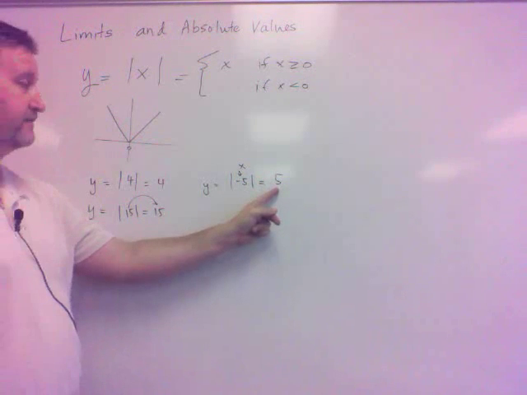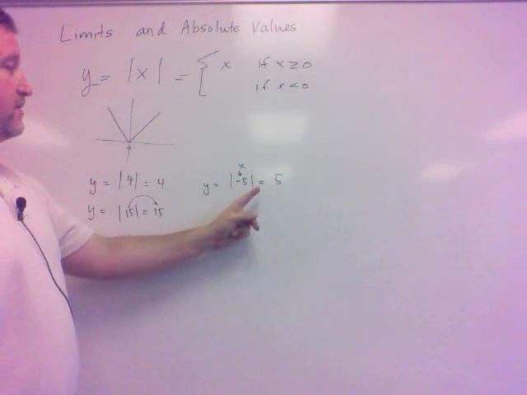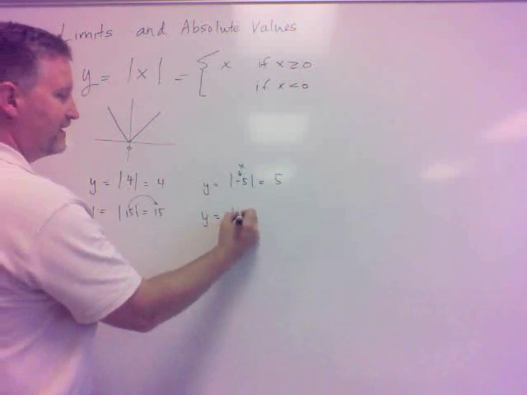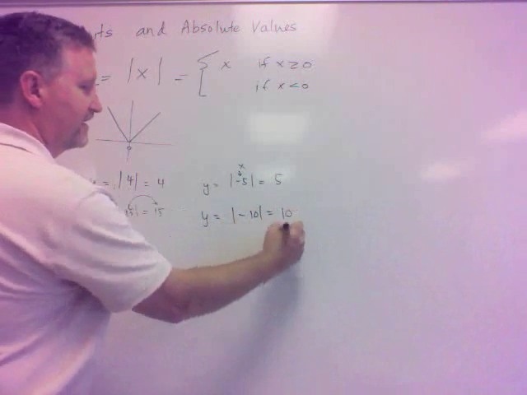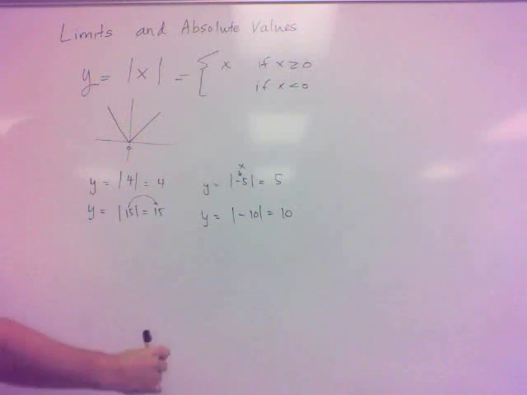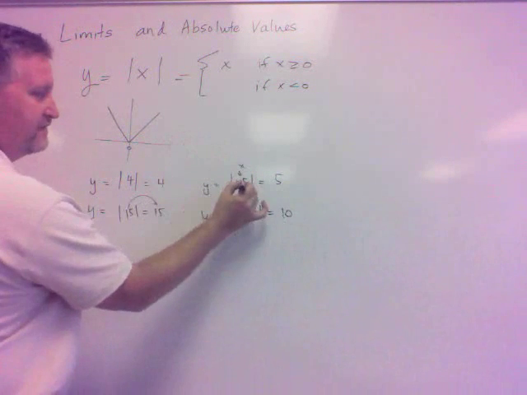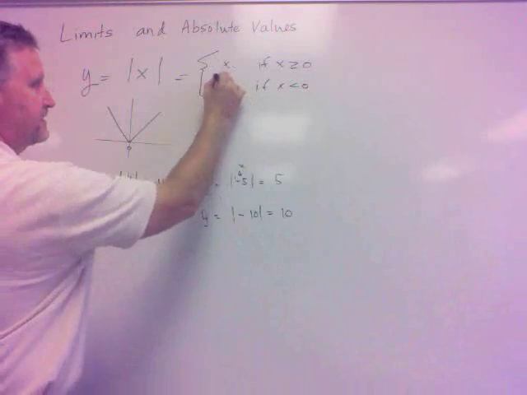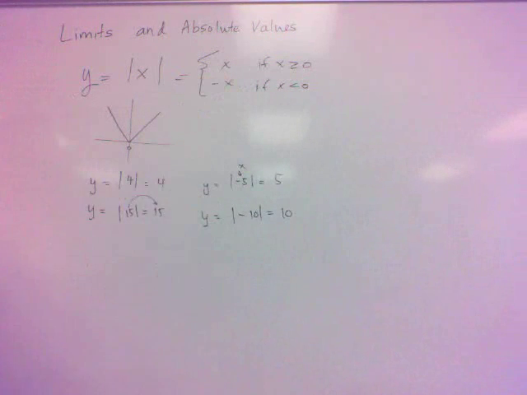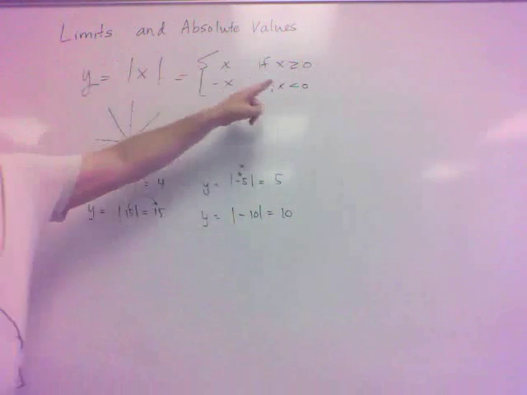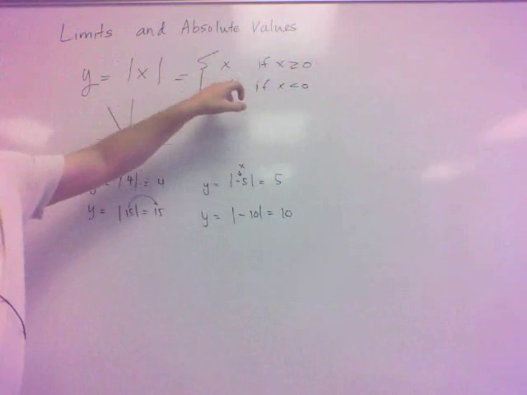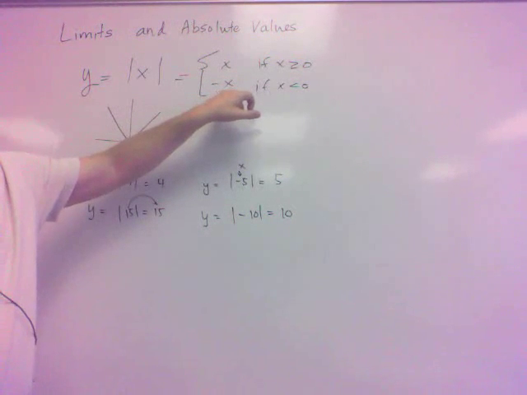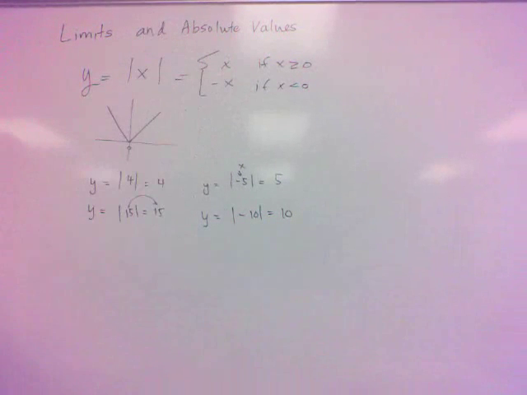Minus 5. Well, it works the same way for any negative number. You get a positive 10 there. So here's what I'm saying. If x is a negative number, then this is the opposite of that negative number. So if x is less than 0, it's minus x for the y value. With me on that? Okay?